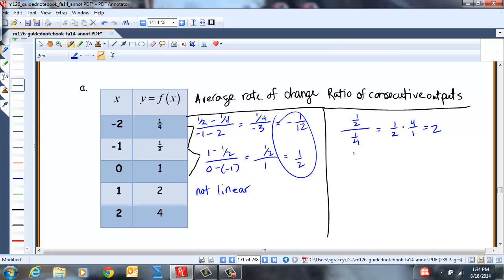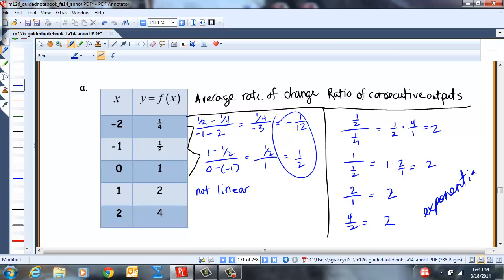So we'll have 1 divided by 1/2 is equal to 1 times 2 over 1, which is 2. This is looking promising. Now the next two will be 2 divided by 1, which is 2, and 4 divided by 2 is 2. So it is exponential.